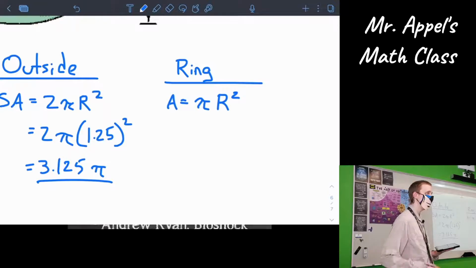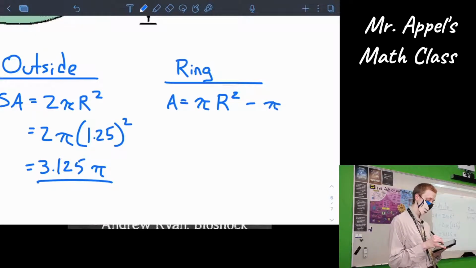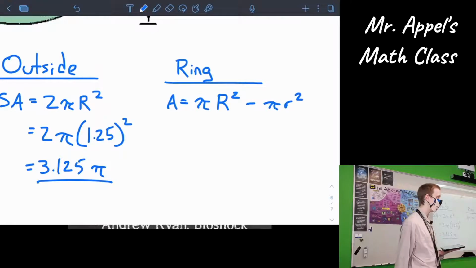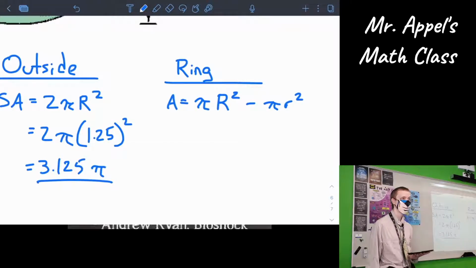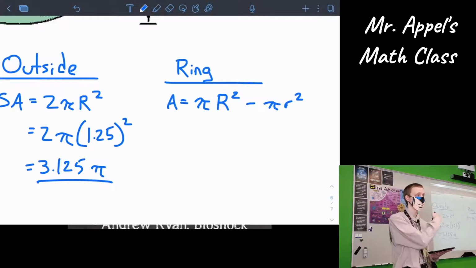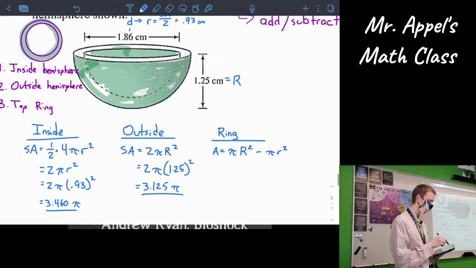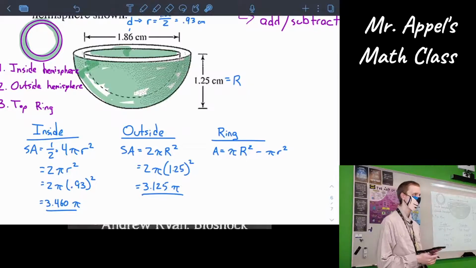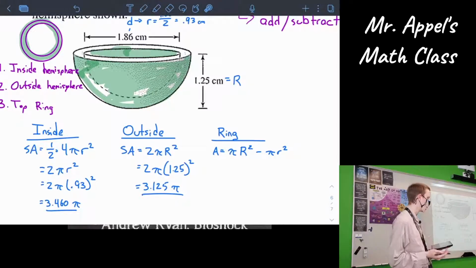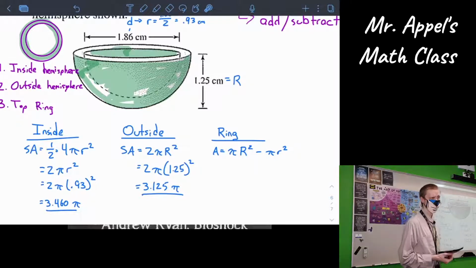So I'm going to use pi times big R squared for the big circle minus pi times little r squared for the little circle. Because those are the same radii as our hemispheres, aren't they? Yeah, they're right on top of each other, right? Same radii. So let's just use the same notation there. This is very common.